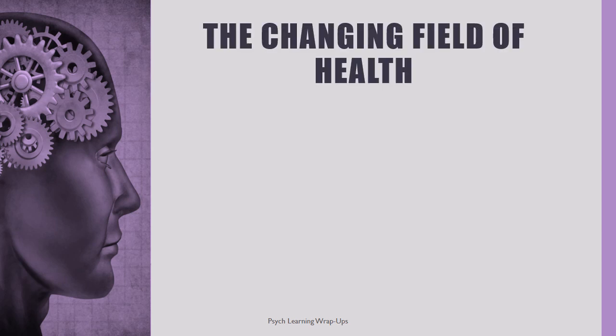Over the period of time, the views as well as the understanding and meaning of health and disease have evolved. Previously, in the 1900s, the absence of disease was considered to be health.